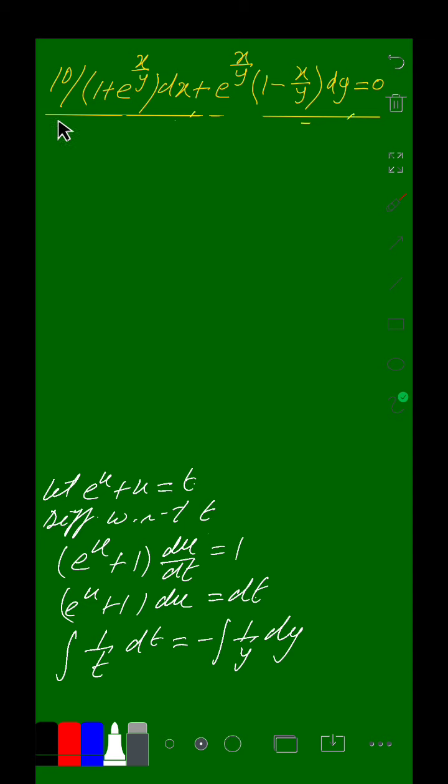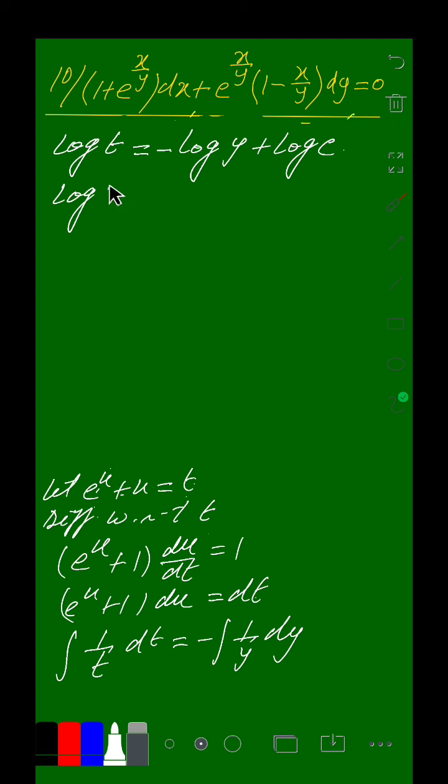So on the left hand side we get log t, and on the right hand side minus log y. Now constant of integration should also be taken as log c. Now since t was taken as e raised to the power u plus u, so replacing t by e raised to the power u plus u, we get log e raised to the power u plus u, and transposing this term to left hand side, it becomes plus log y is equal to log c.